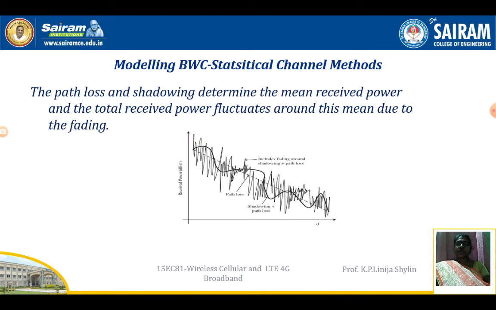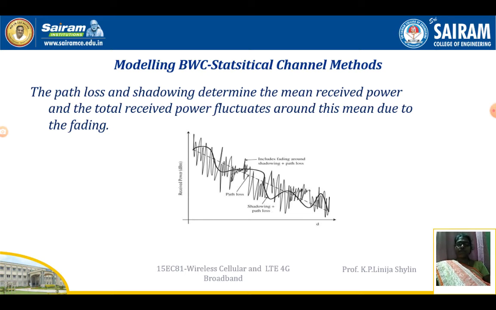Now coming to path loss and shadowing. In the last session, we discussed that path loss and shadowing are not fading themselves, but are factors which create fading. These two parameters, path loss and shadowing, determine the mean received power, and the total received power fluctuates around this mean due to the fading.